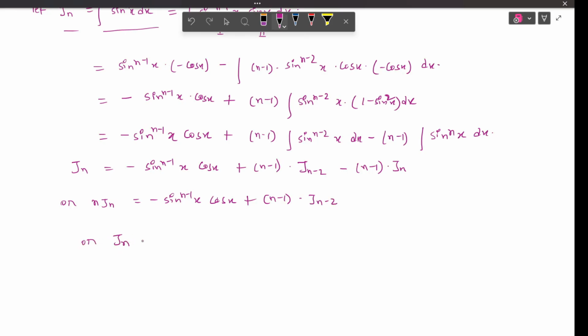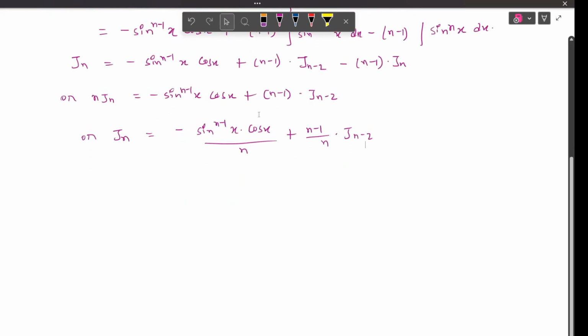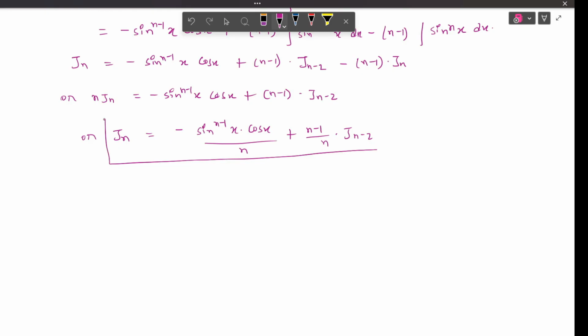So our formula for Jn is minus sine to the power n minus 1 x cosine of x by n plus n minus 1 by n into Jn minus 2. So that's all you have to remember.